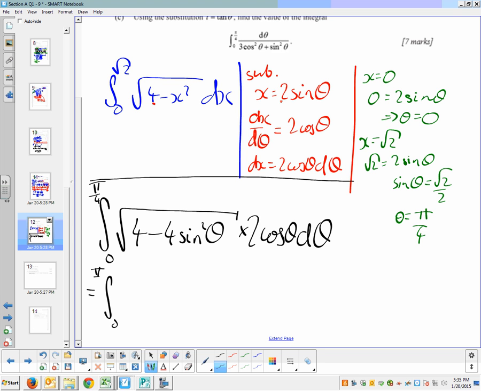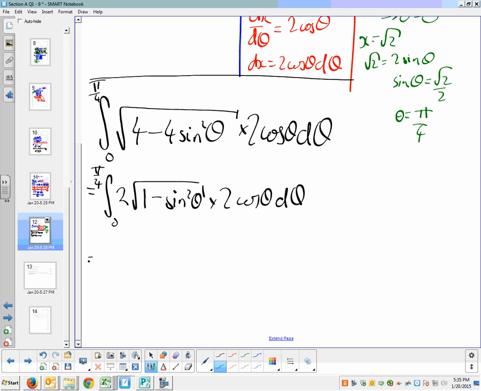Using our trig identity, that's 2 times the root of, I'll put an extra step in, 1 minus sine squared theta, times 2 cos theta d theta, which is, put the 2's together, you get 4. 1 minus sine squared is cos squared, square rooted is cos theta, times cos theta d theta.